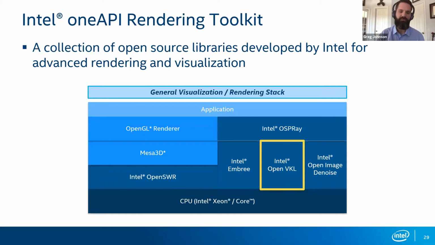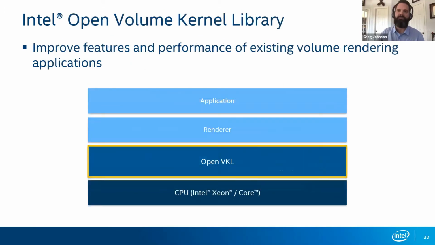And there it provides all of its volume functionality, enabling all of its volume rendering features. OpenVKL can also be used within any renderer or any application to improve volume rendering features or performance. It has a SIMD-focused internal implementation with most kernels written in ISPC, and so we're able to take very good advantage of CPU vector instructions up through AVX-512.